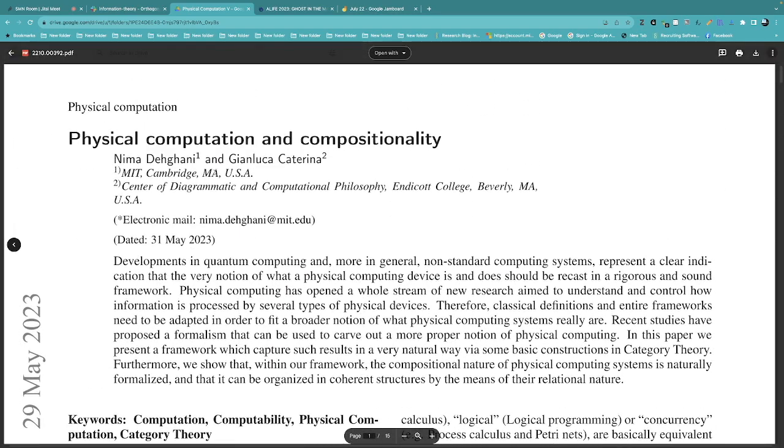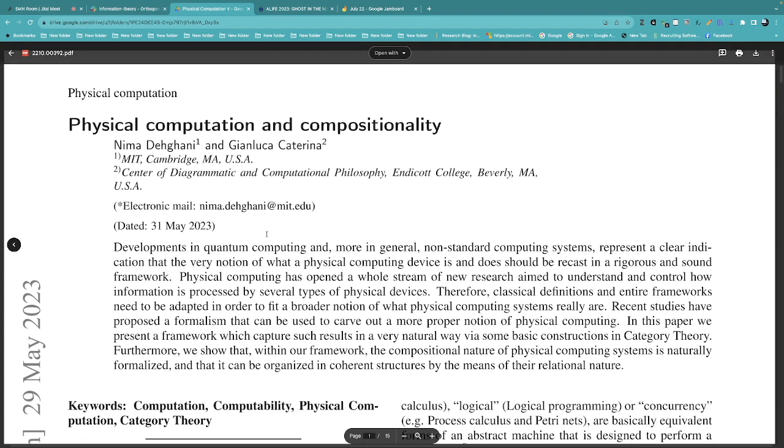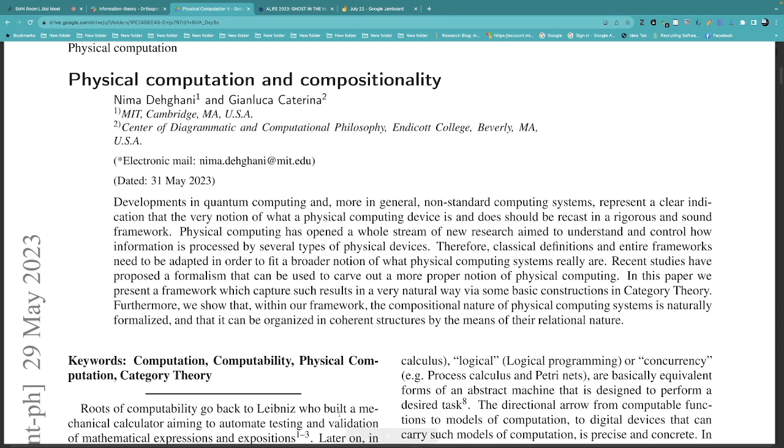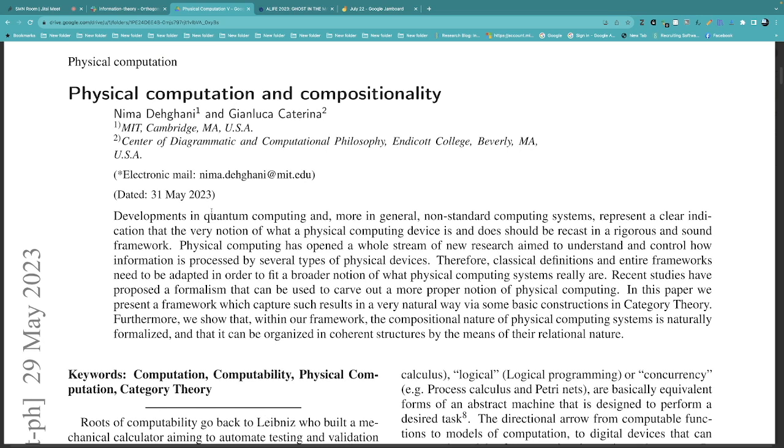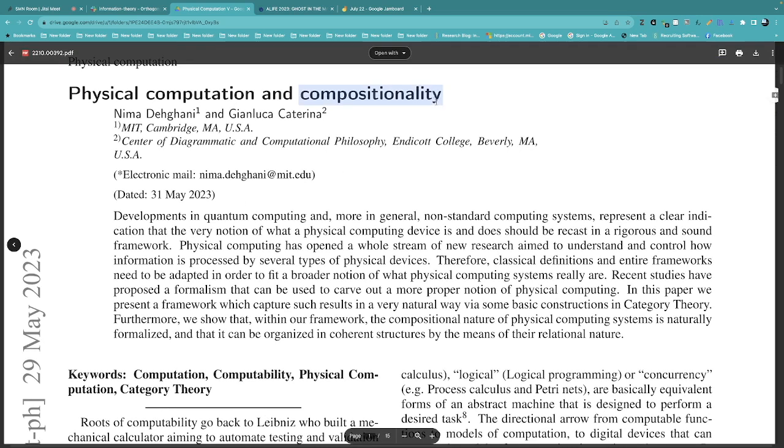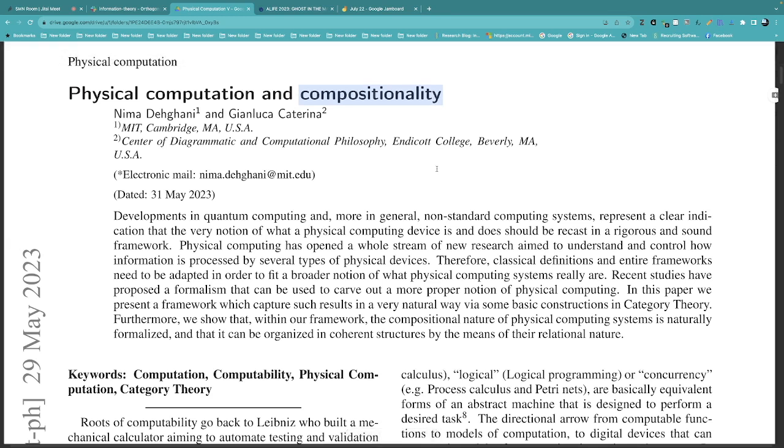I think it's a computational philosophy paper, but also just a theory paper. It talks about compositionality, which is something we've talked about with respect to AI systems, but is also something that you find in category theory.